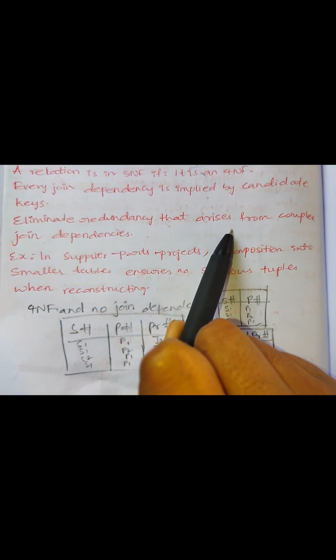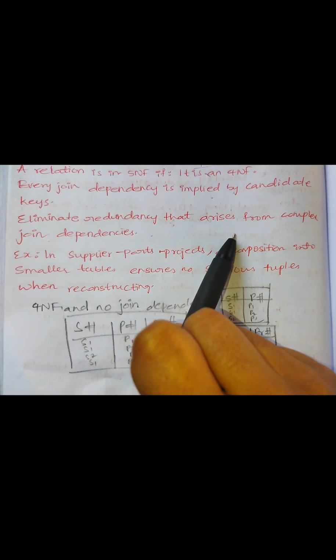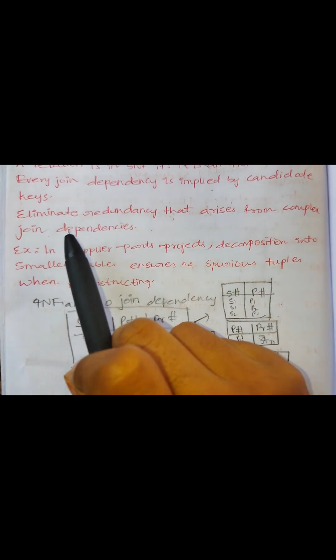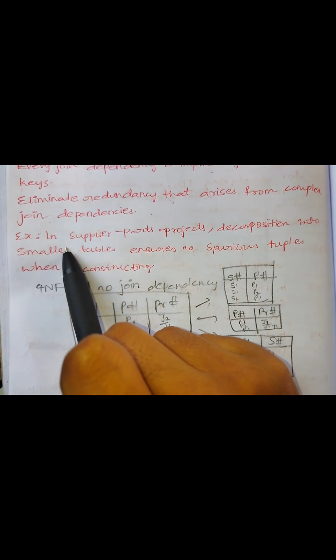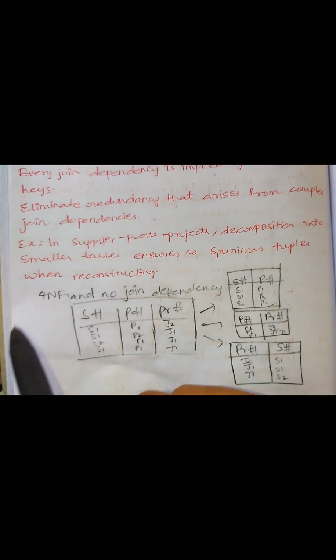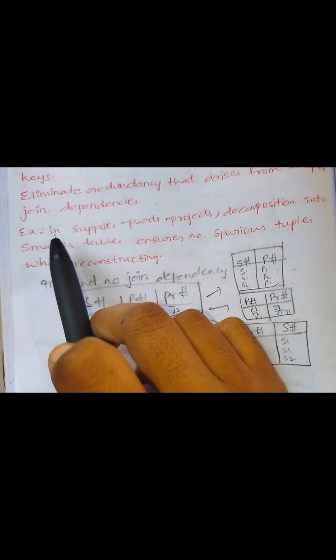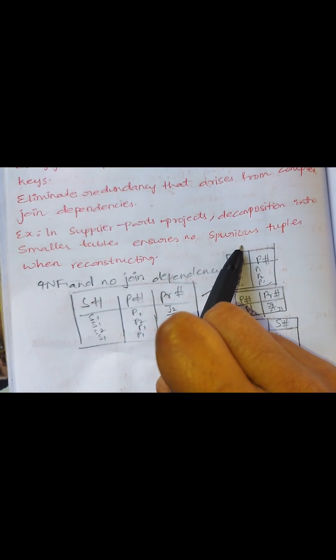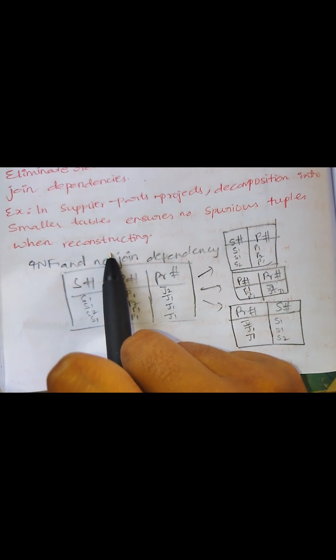Eliminate redundancy that arises from complex join dependencies. Example, in supplier, parts, projects, decomposition into smaller tables. Ensures no spurious tuples when reconstructing.